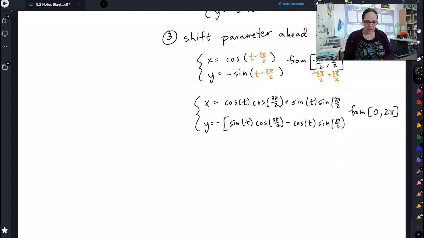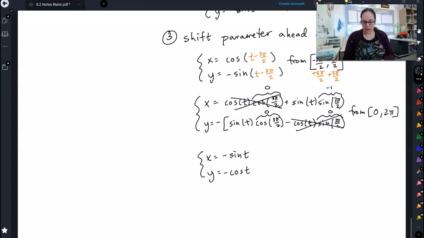Now, I know cosine of 3 pi halves is 0. Sine of 3 pi halves is -1. So this is 0. This is -1. So that is going to give me x equals negative sine of t, because this all goes away because it's times by 0. This becomes a -1, so negative sine of t. And y equals negative cosine of t, because this goes away because it's a 0.